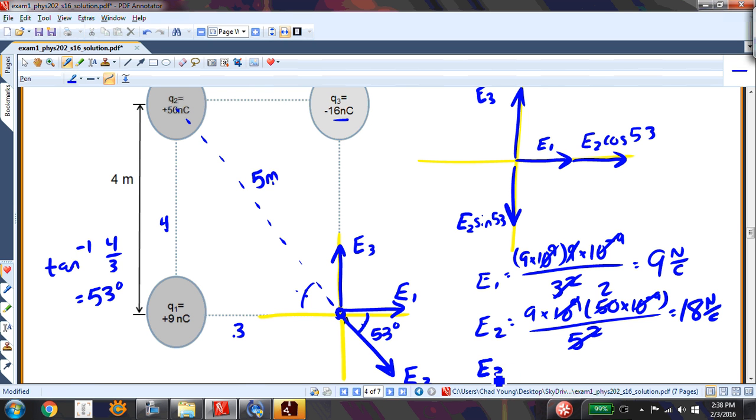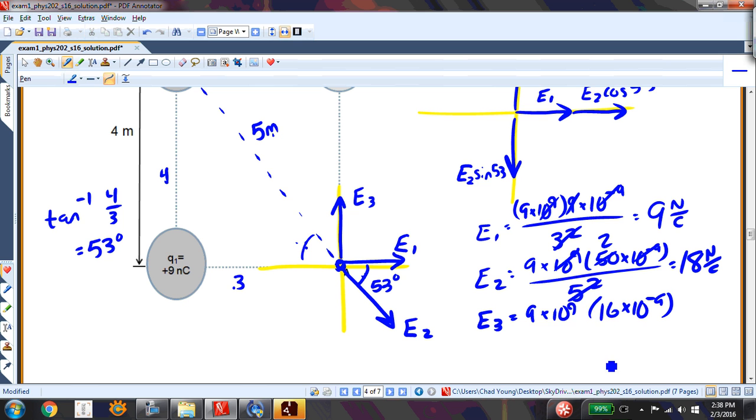And then E3 is 9 times 10 to the 9th, 16 times 10 to the minus 9, divided by 4 squared. Cancels. That leaves me 9 newtons per coulomb. So those are my magnitudes. I'll be looking that you get those magnitudes correct.